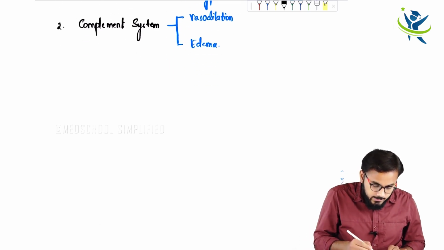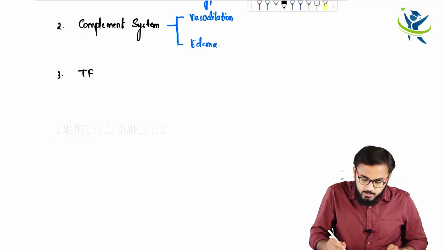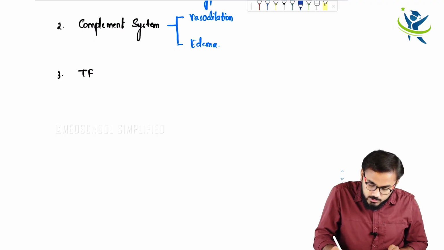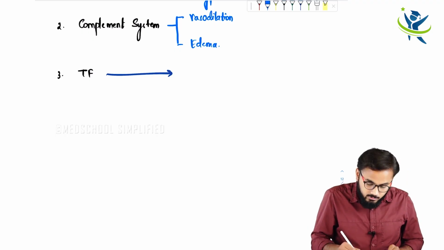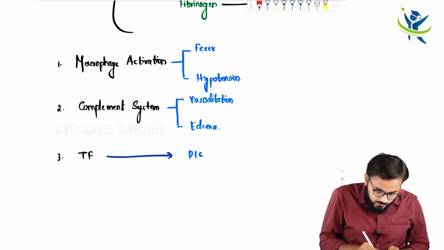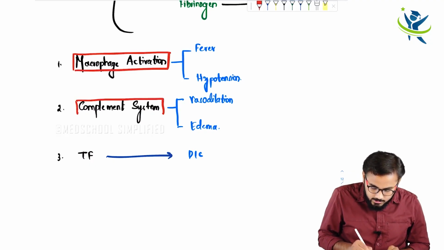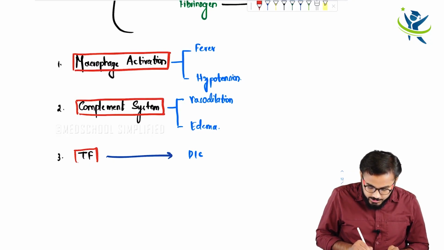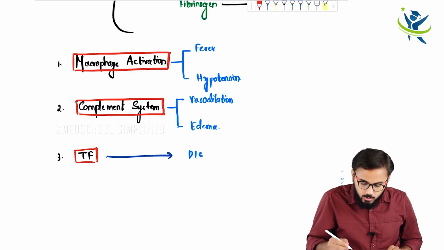Third important thing is that it will even activate your TF. TF means tissue factor. When it activates your tissue factor, what is going to happen? This will cause the release of fibrin, and that will cause disseminated intravascular coagulation. So in a nutshell, these three are the most important functions of endotoxin.